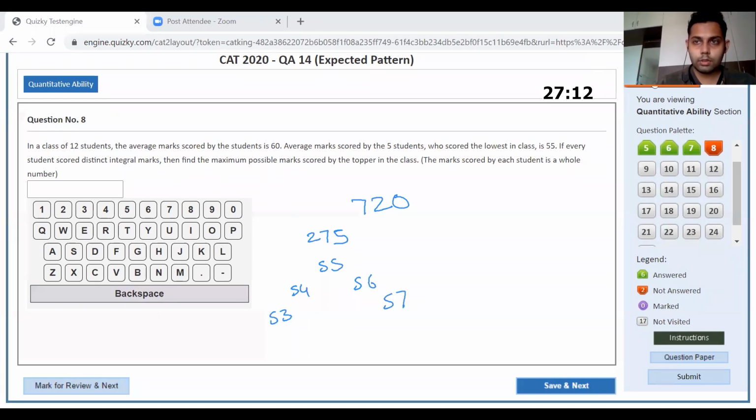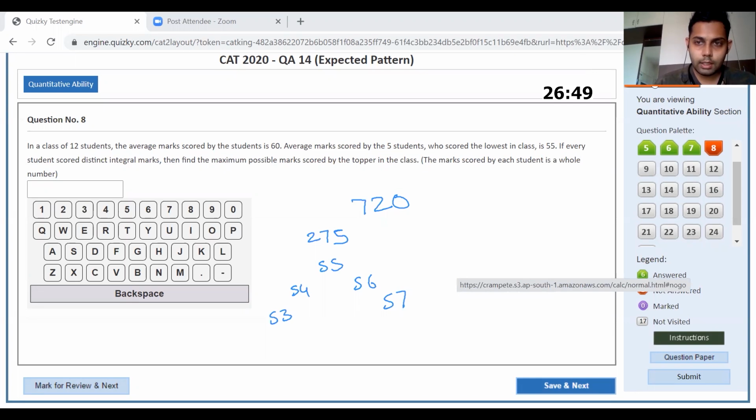And just using the calculator, sorry. So it is 720 minus 275, right? 445. So 57 is out.